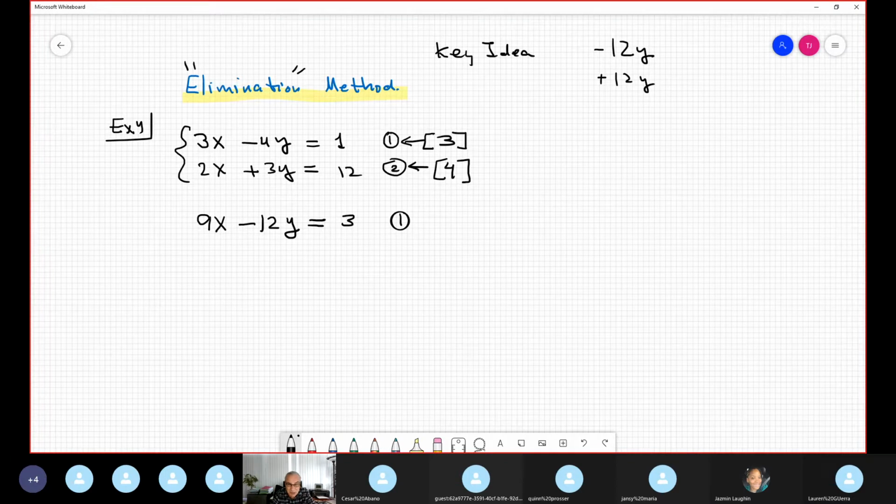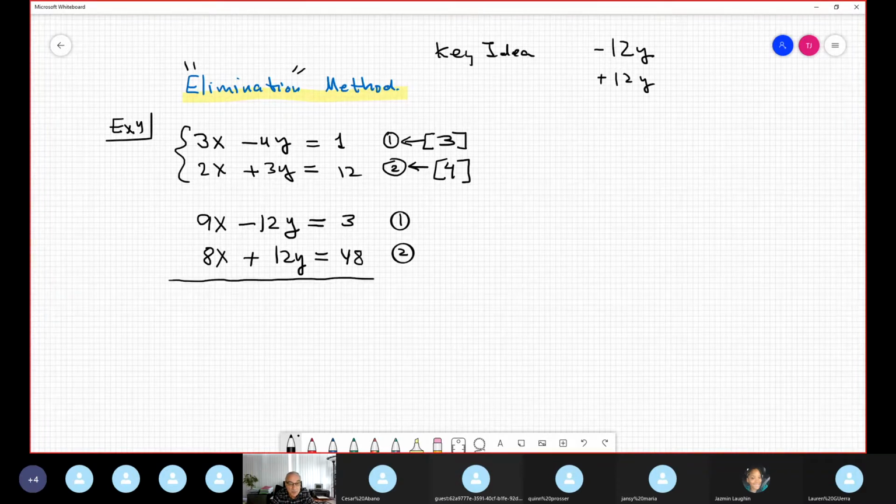It's the same line, a coincident line. And when you multiply the second equation by 4, we have 8x, because 4 times 2 is 8, plus 12y. Oh nice, exactly, I created this idea intentionally. And 4 times 12 is 48. This is my new equation 2. Now it's ready for elimination.